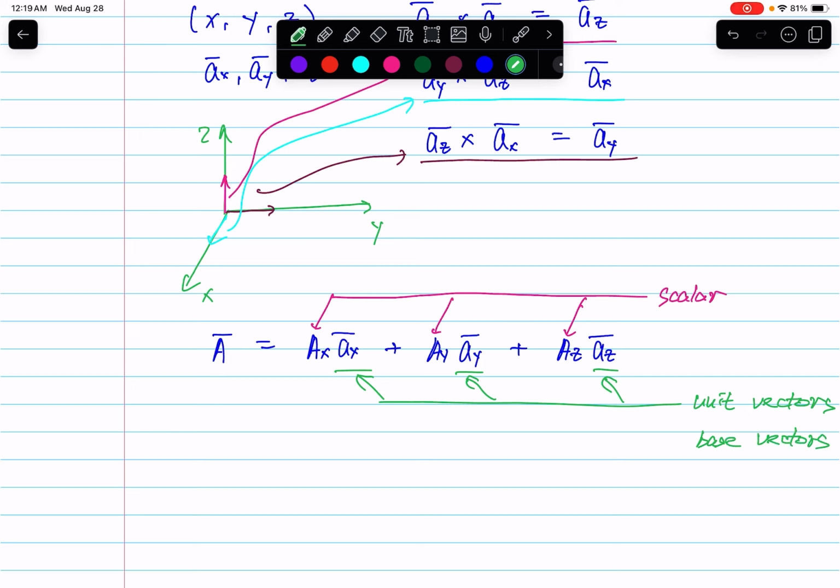Unit vectors can become base vectors if they are orthogonal to each other. So that's how you express vector A.